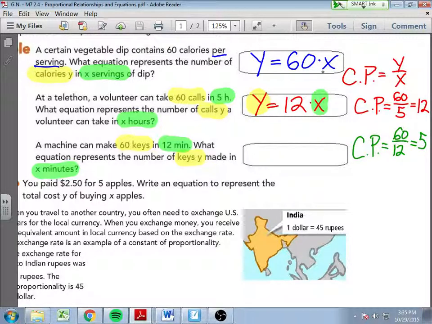So now my equation there is y, the number of keys they can make, is 5 times x. Or sorry, x is now minutes. So that would be the number of minutes, whereas this x was the number of hours. This x down here is the number of minutes. Isn't that the same as the one above? Yeah, it's just kind of switched around with the numbers.